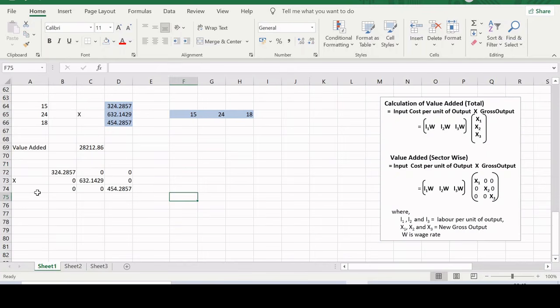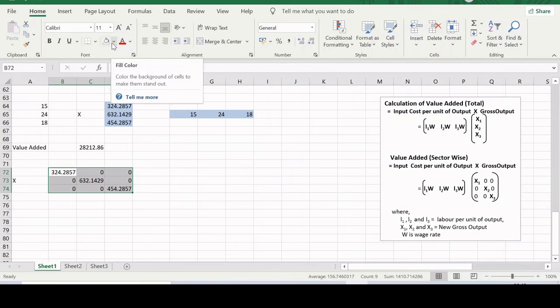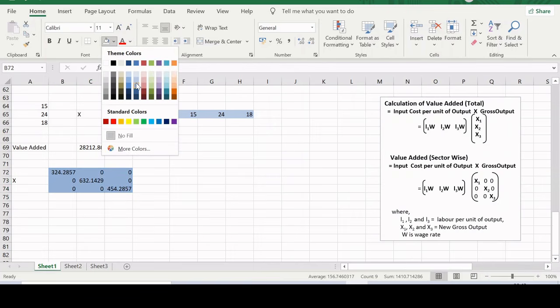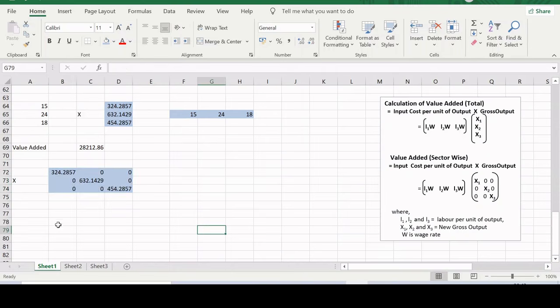So I have expressed matrix X in the form of a 3 by 3 order matrix, and now we can multiply the labor cost per unit of output matrix with matrix X. If we multiply these two, we will get the value added sector wise.